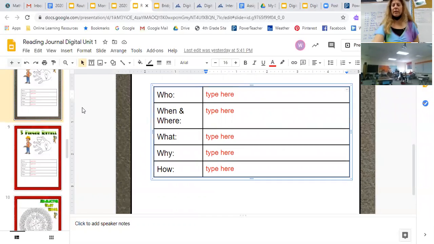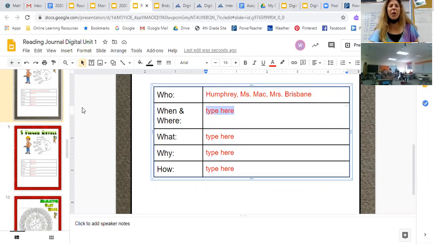Who? Well, this story is mostly about Humphrey, Ms. Mack, oops, I can spell that right, and Mrs. Brisbane so far. Would you guys agree? Those would be the main people in this chapter, because I'm only focusing on this chapter right now.